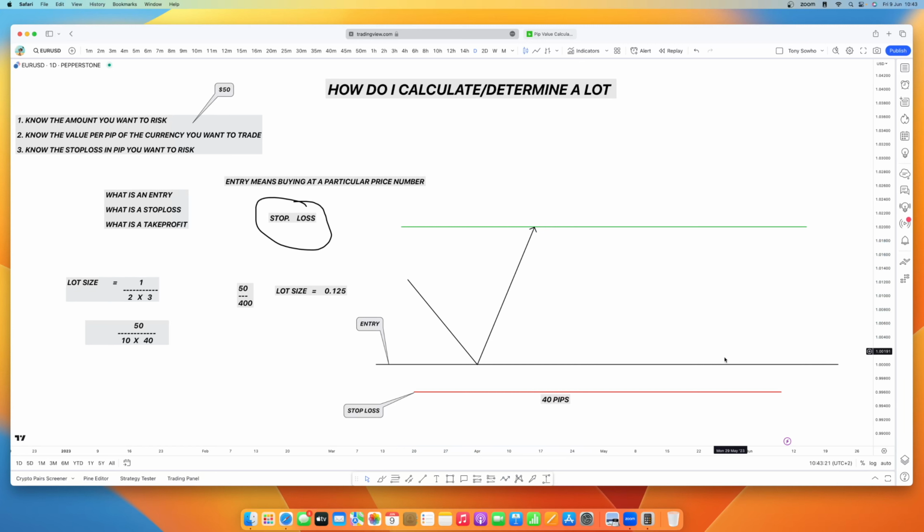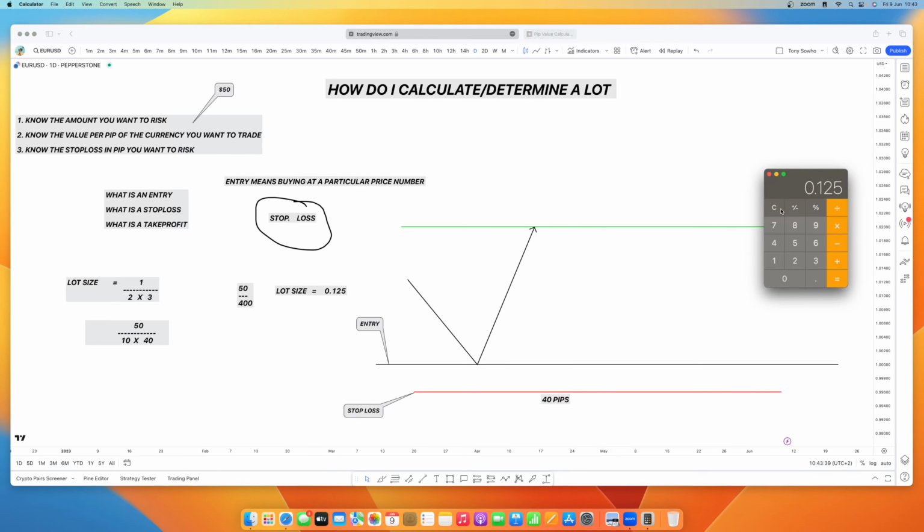And this also is a pip. So if price is at entry, you entered at 1.0, the stop loss is 40 pips. You've done the calculation. How many pips is going to be this take profit? Let's see. So if you're getting out at 1.02, and your entry is 1.0000, this is going to be 0.02.